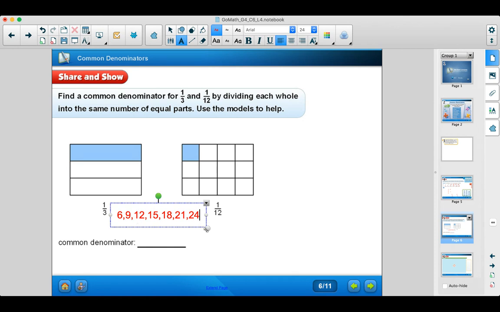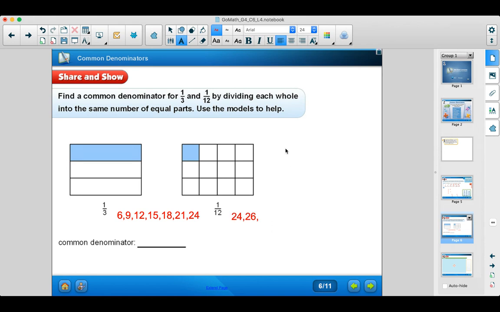Okay, I'm going to go out about that much. What are the multiples of 12? 12, 24, 36. Oh, wait, I see. I already have a common multiple.